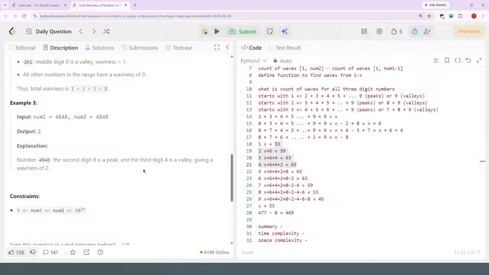Feels like this might actually be... This is like dynamic programming, maybe? Dynamic programming?